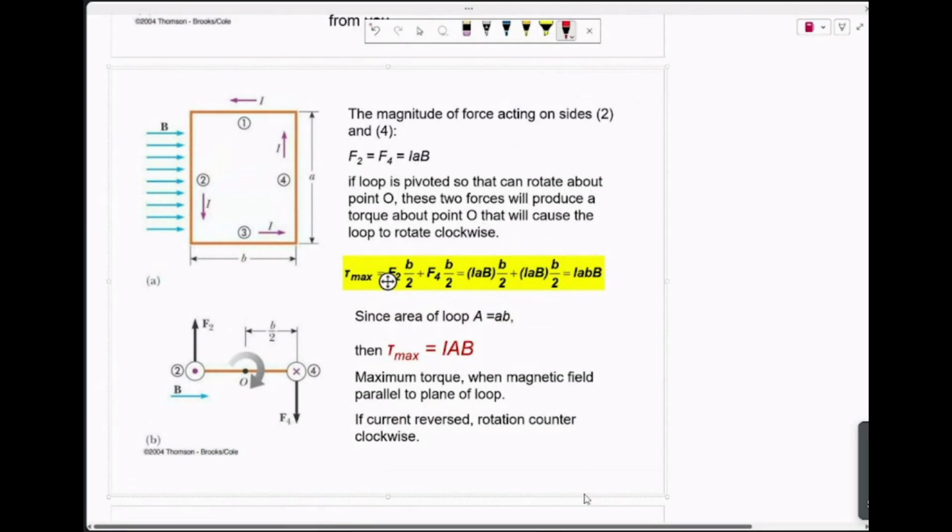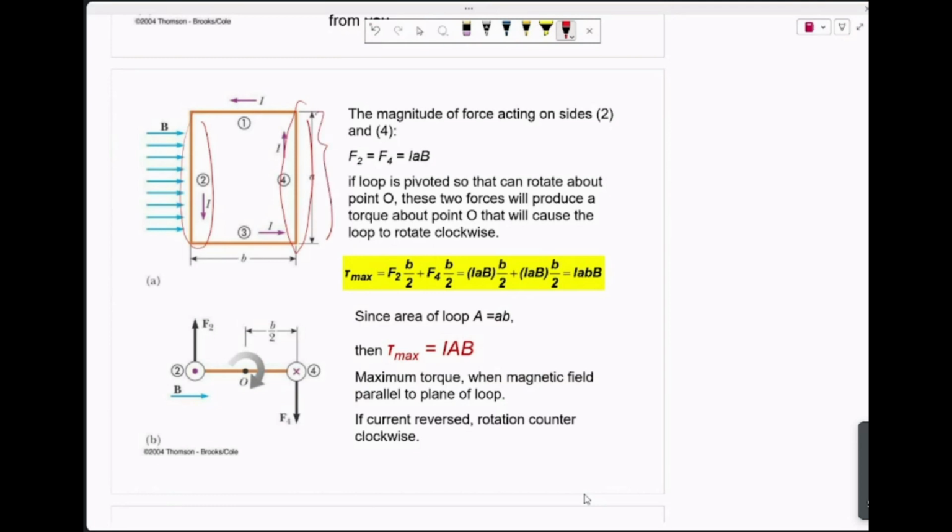What you're seeing here, F equal to F2, yeah, where is F2? This is F2, and then this is F4, is the same. So this is the same, IAB. So what is meant by AB here? Okay, A is the length, this length.